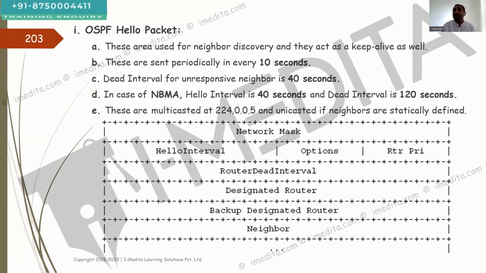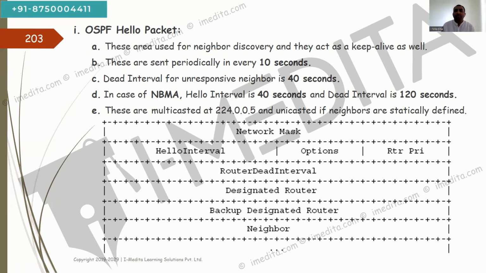But even if the neighborship is up, absolutely fine, the hello packet will still be sent by OSPF periodically every 10 seconds. At that time, OSPF utilizes these hello packets as a keepalive, just to say, hey, I'm still alive, so that OSPF keeps the neighborship up and running between the routers.